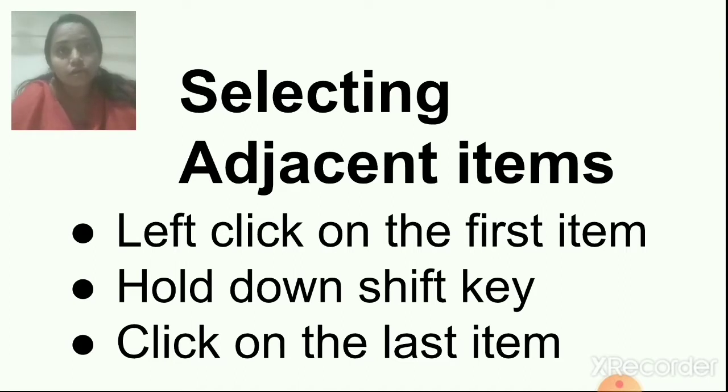Suppose you want to select the first folder, you click on that first folder or file on the desktop, and then hold down the shift key and click on the last item in that row, horizontally or vertically, whichever is the last item. So all the adjacent items which are near will get selected. This is called selecting adjacent items.